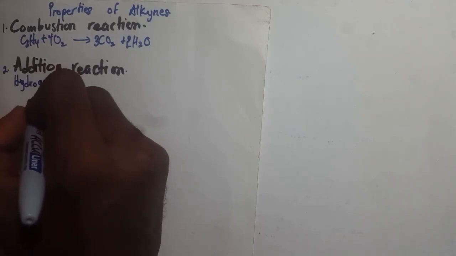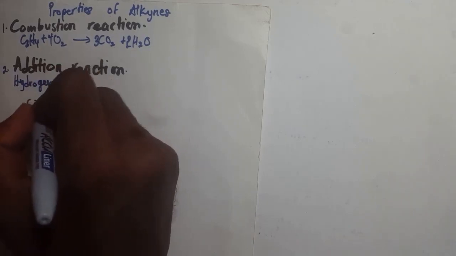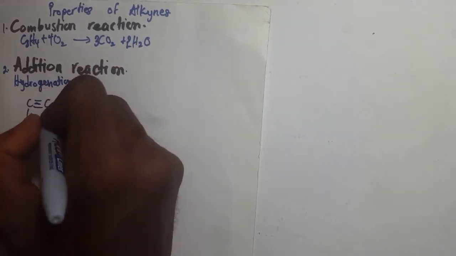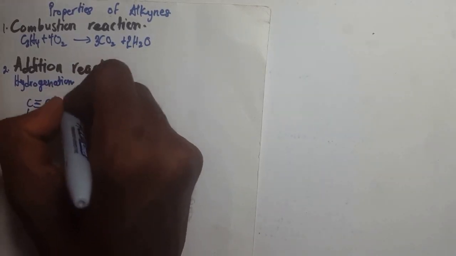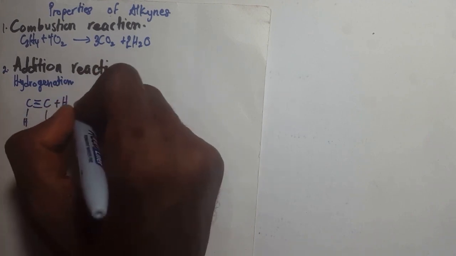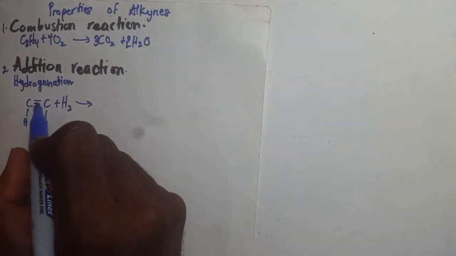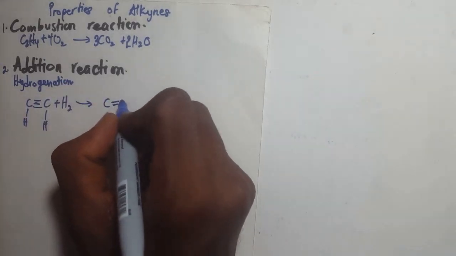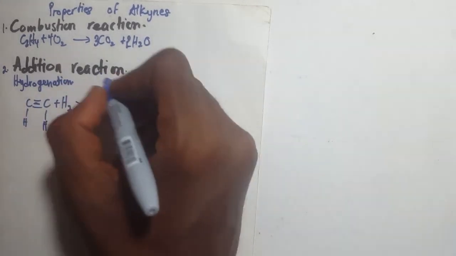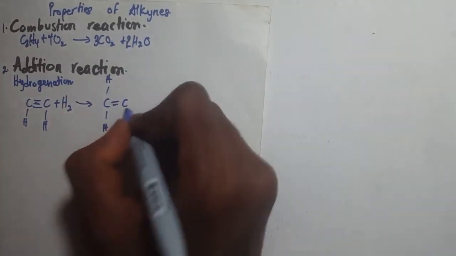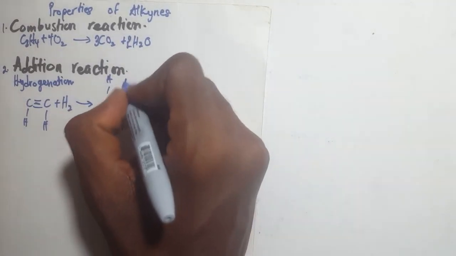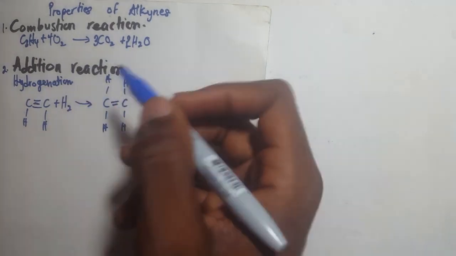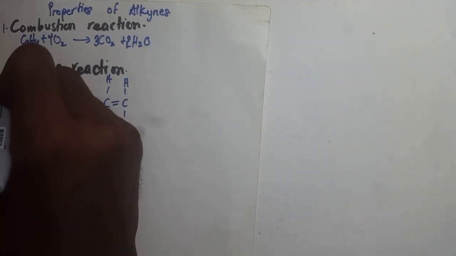So, carbon with 3 bonds. You have your H here, you have another H here. So hydrogenation, plus hydrogen gas. You are going to reduce the number of bonds, so it's going to be 2 bonds now. So you have 1, 2, 3, 4 around each carbon. So that's how hydrogenation works.